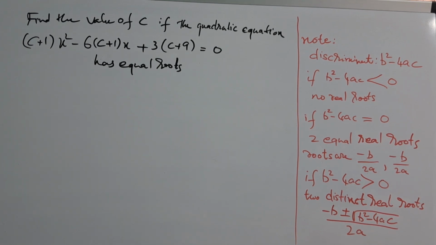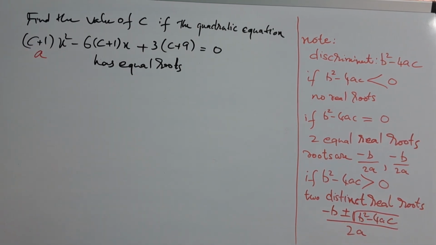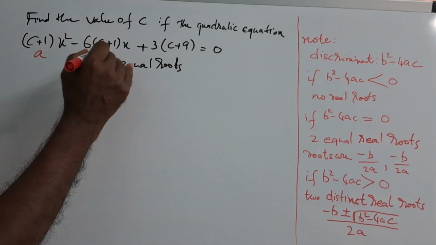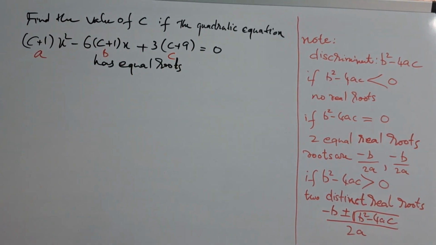See, in this given question, the quadratic equation has equal roots. To find the nature of roots, we need to understand the concept of discriminant. The discriminant is b square minus 4ac. a is the coefficient of x square, here c plus 1. b is the coefficient of x. c is the constant term.